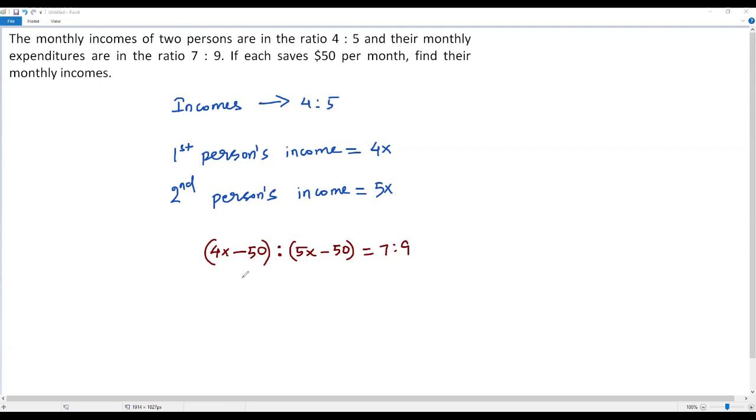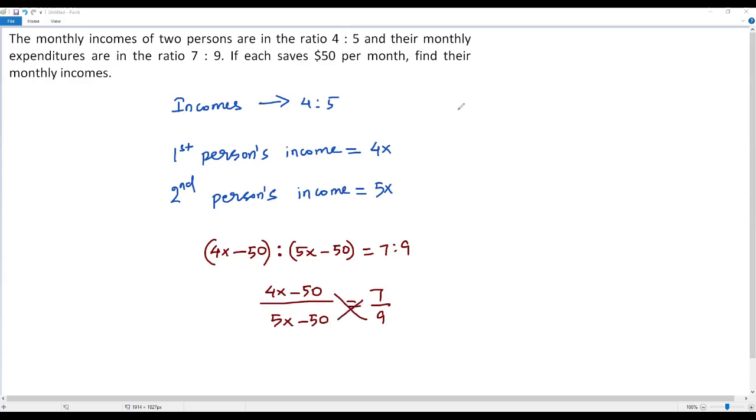Now, to get the value of x in this equation, we can write the ratios on both sides as fractions. Then I'm getting (4x minus 50) over (5x minus 50) equals 7 over 9. In the next step, we can do cross multiplication. That is, the numerator here is multiplied by this denominator, and this numerator is multiplied by this denominator.